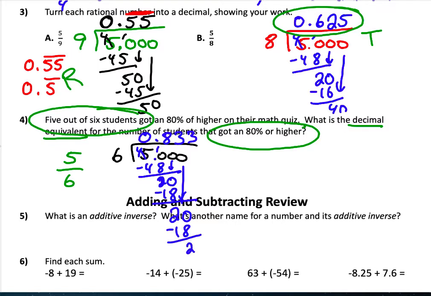Subtract. You'll notice that I'm going to keep getting that 2. 20 minus 18 is 2, turns into 20, minus 18. So that 3 is repeating. I'm going to put a bar over just the 3 in my answer, and I got 0.83 repeated. It's just the 3 that's going to keep going, so I put the bar over just the 3.